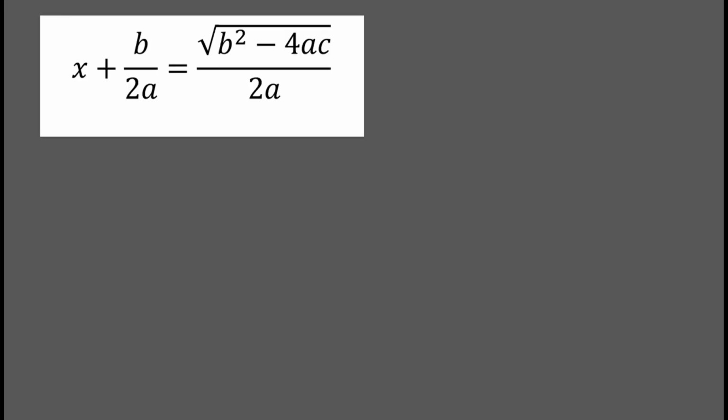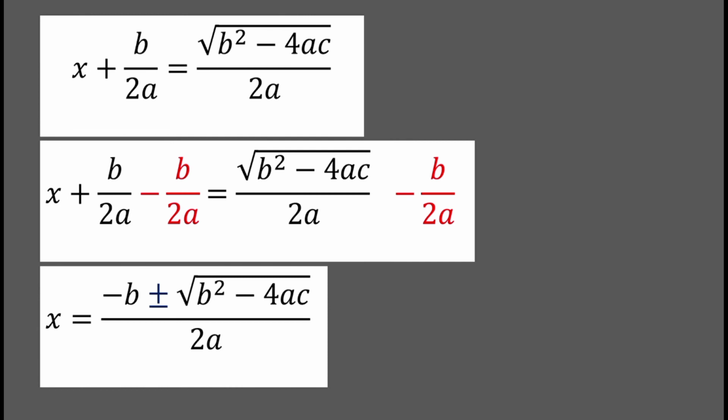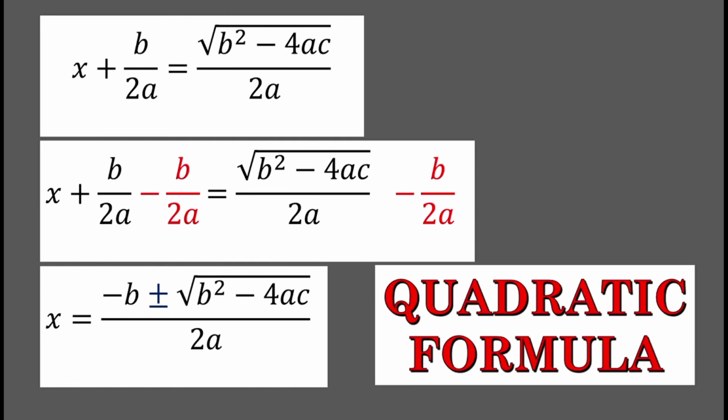Then, get rid of our b over 2a on the left side of our equation using subtraction property of equality. Therefore, the simplified equation is x equals negative b plus and minus square root of b squared minus 4ac all over 2a. This is now our quadratic formula.